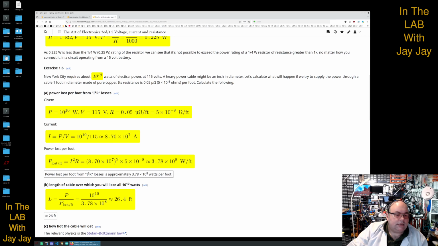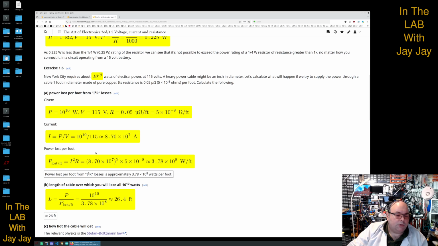Given power equals 10 to the 10 watts, volts equals 115 volts, resistance is 0.05 microohms per foot, that's 5 times 10 to the minus 8 ohms per foot. We can express the current as power divided by voltage, which is 10 to the power of 10 divided by 115, which is approximately equal to 8.7 times 10 to the power of 7 amps.